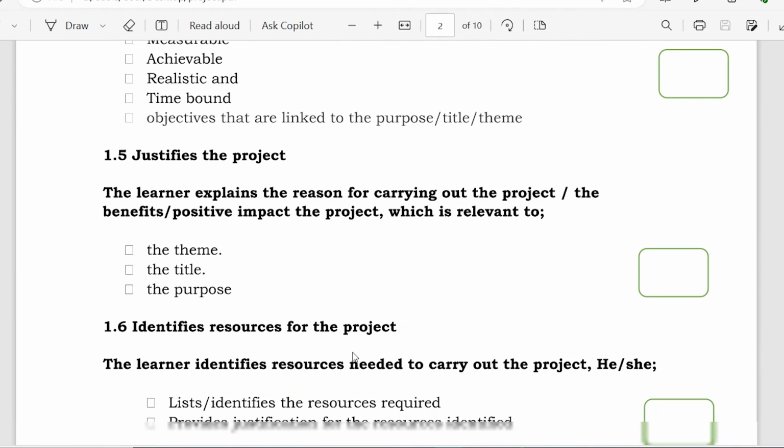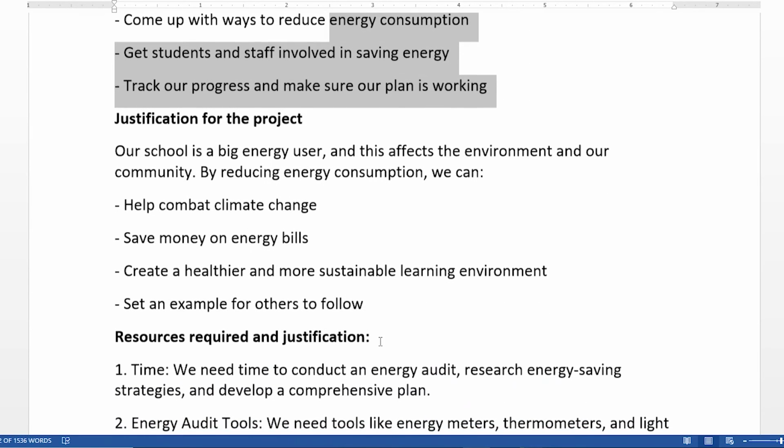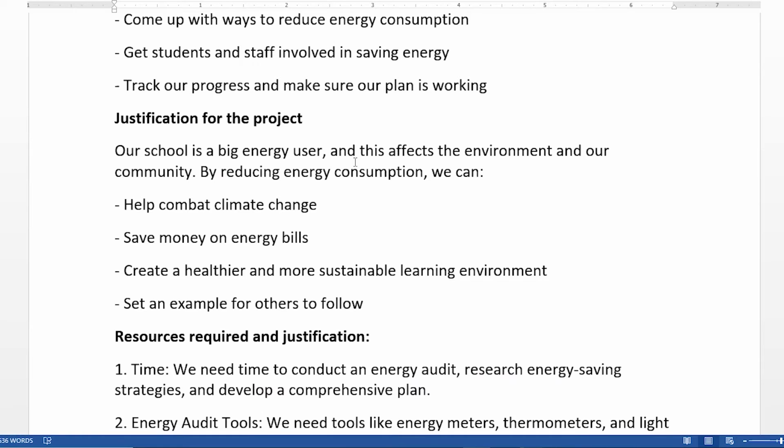And then next, justify. Justify here means explain the reason for carrying out the project, or a benefit or a positive impact of the project, which is related to the theme, title, and purpose. If you look at our justification, our school is a big energy user, and this affects the environment and our community.